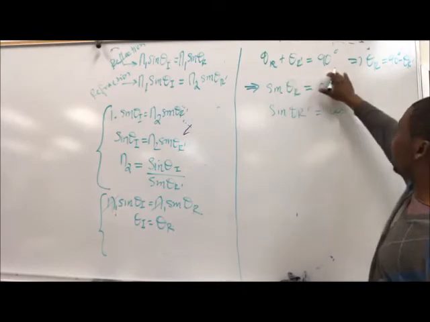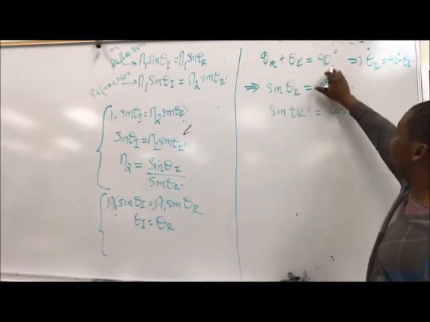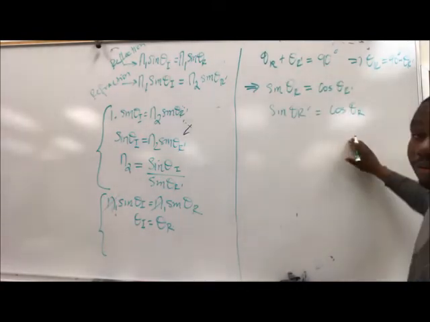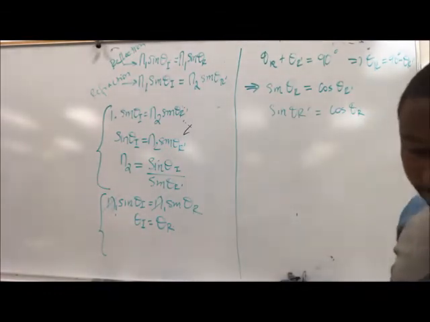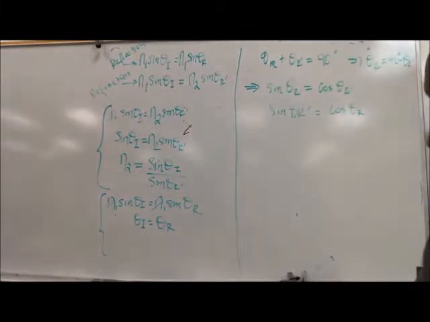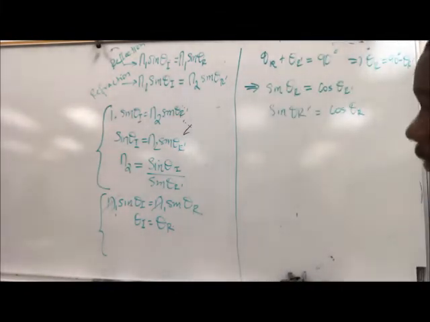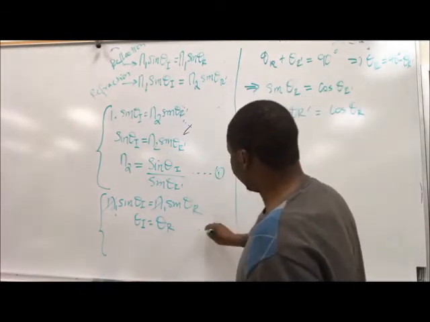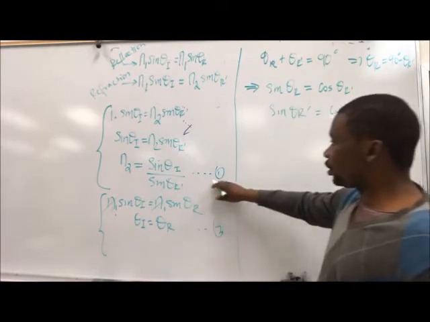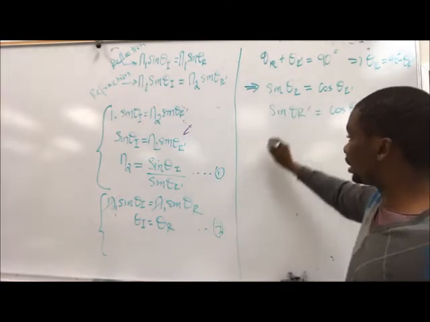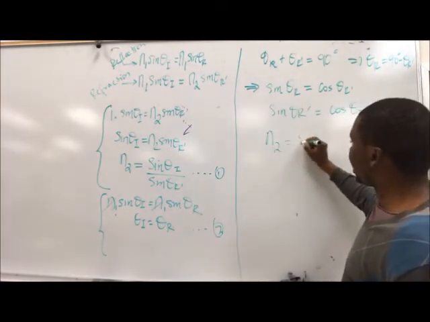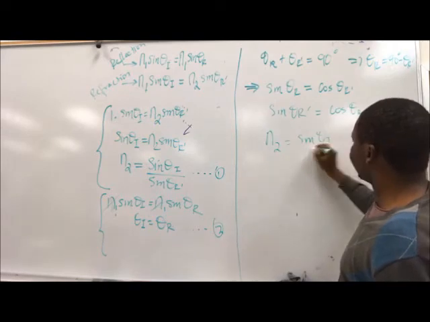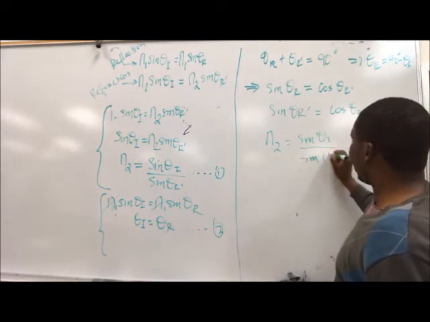First, because they sum up to give 90 degrees, but secondly, because you can apply trigonometric operations on them. So with that in mind, let's go back to this expression here. Formula 1. Expression number 1 was from refraction that said n2 should be the sine of theta i over the sine of theta r prime.